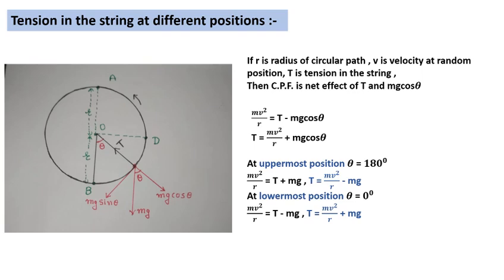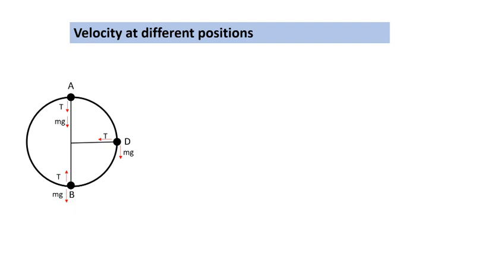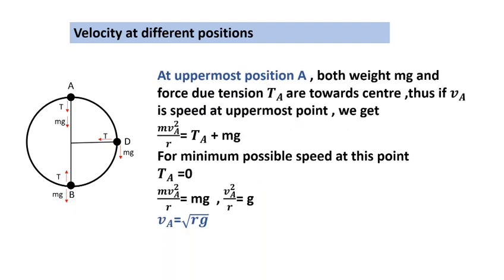Now with this we will try to find the velocity at different positions. Since it is a non-uniform circular motion, velocity goes on changing. Velocity at different positions, same diagram. At the uppermost position A, both weight mg and the force due to tension, which we call TA, are towards the center.